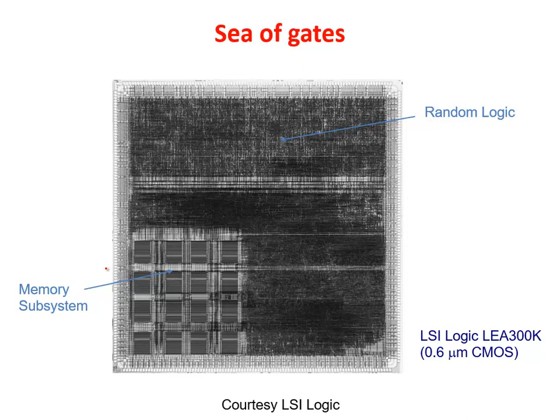For the sea of gates, this is the situation that you have. The sea of gates is a gate array in which the single transistors and the position of the lower interconnections are done once for all, and you only have to specify the top metal interconnections. The picture is quite evident.